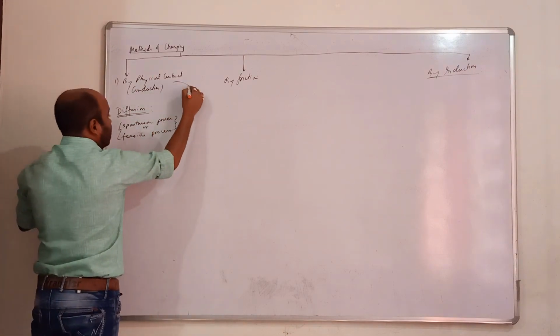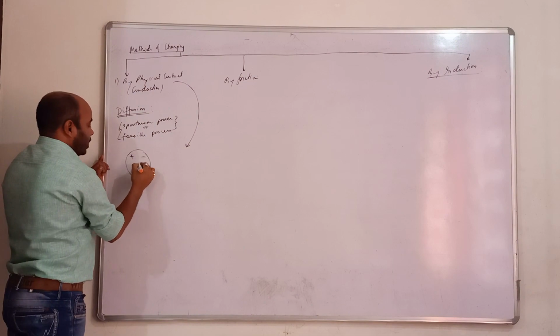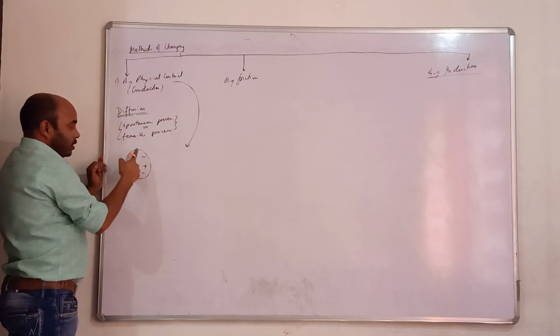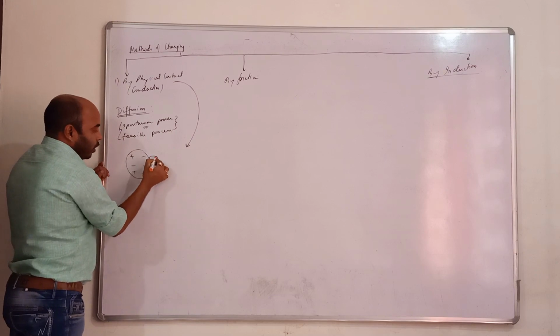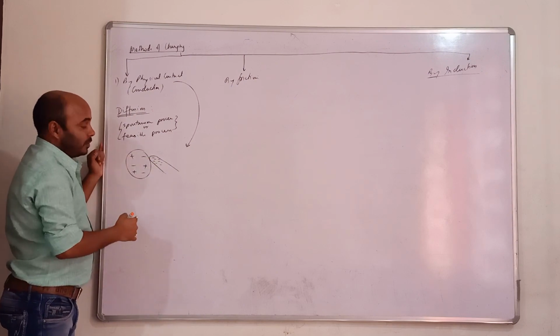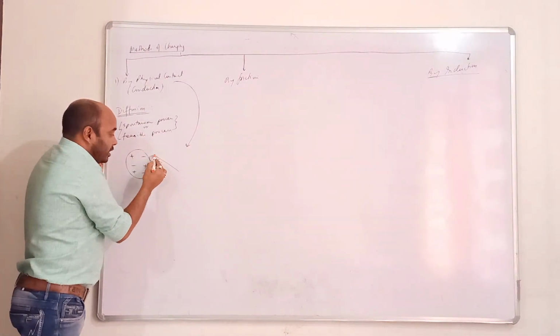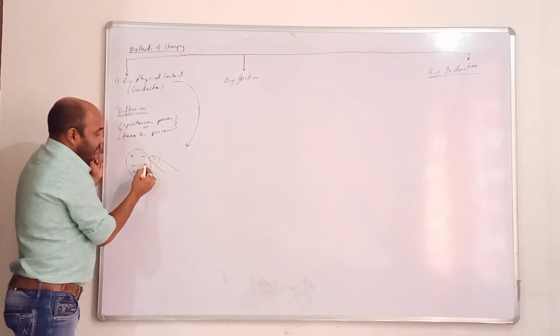Let's talk about how a body becomes charged. Let's take a neutral body, plus minus, minus plus, plus minus. This is a neutral body. I put the neutral body in contact with a highly negatively charged rod. This is a rod which is highly negatively charged, which means the concentration of electrons here is very high. It is in contact with the neutral body.